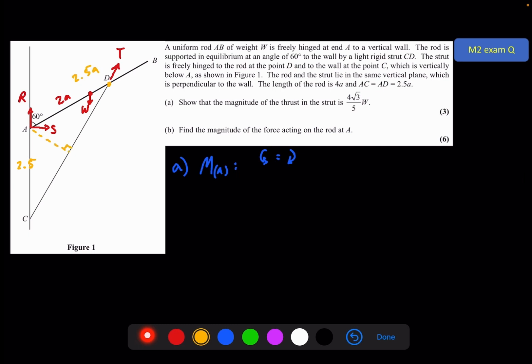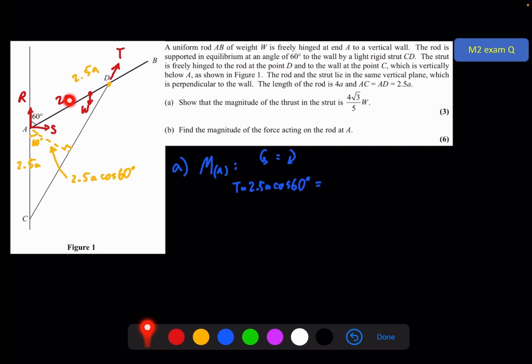A little bit of angle manipulation tells us that this is 60 degrees as well. So this distance here is 2.5A times the cosine of 60 degrees. So that's the perpendicular distance for the thrust. So thrust times 2.5A cosine 60 must equal the clockwise moments, and that's W.